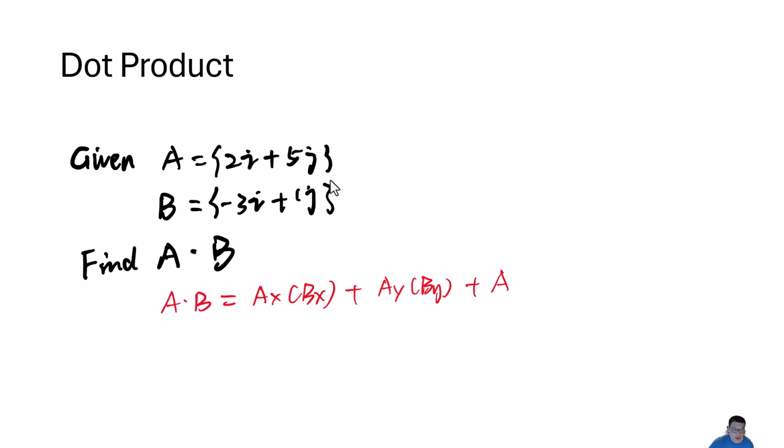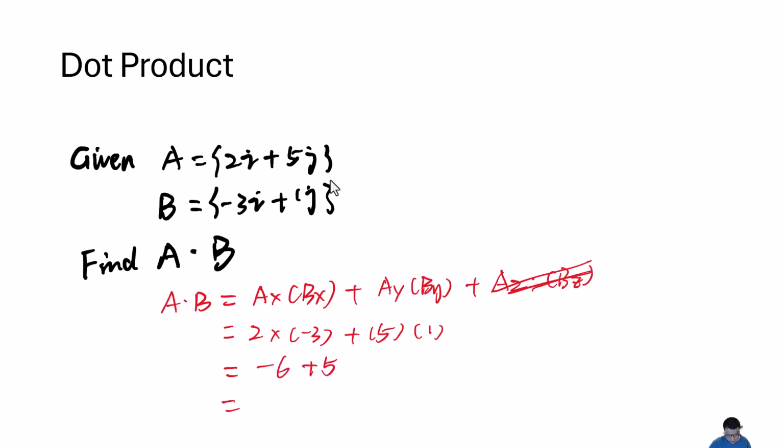This is a two-dimensional vector, so don't worry about Z. It will be 2 times negative 3 plus 5 times 1, which is negative 6 plus 5, so negative 1. That's how we calculate the dot product.